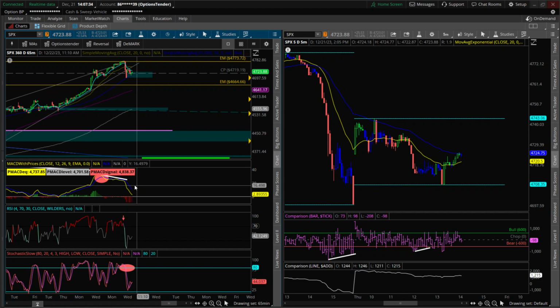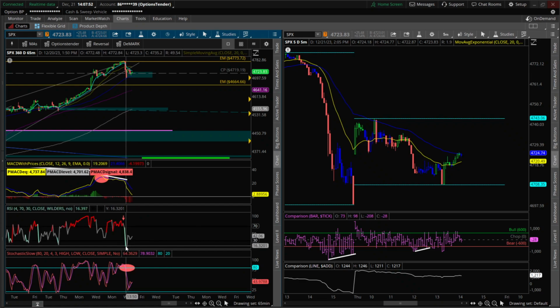Now we could get divergence, or we simply are testing the blue MACD line, sort of catch up to the yellow line, and we head lower from there. Now, the best way to say that is the yellow light on all of our shorts was that the RSI went completely oversold immediately yesterday.